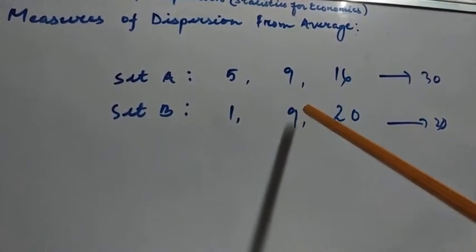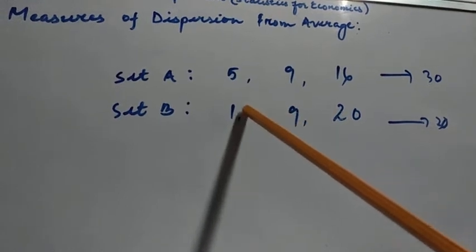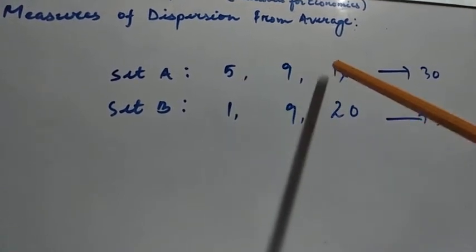In set B they are more dispersed from the average, and here in set A it is less dispersed from their average.